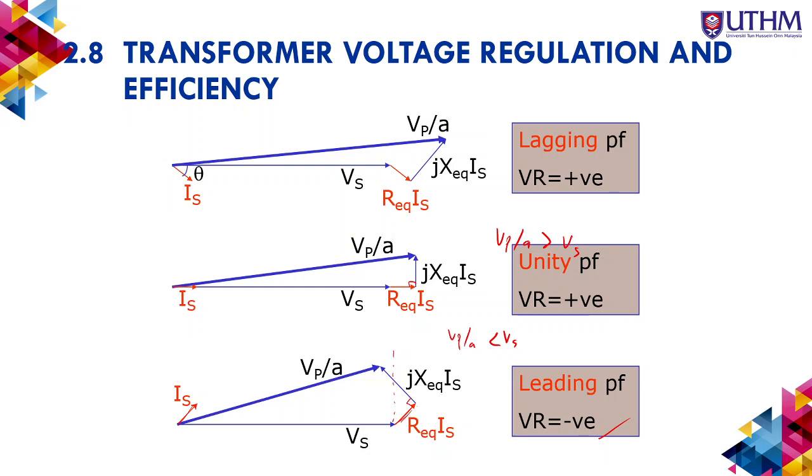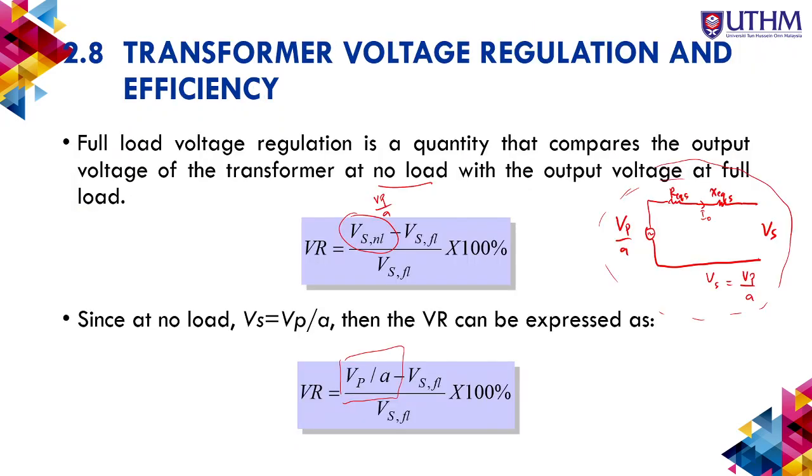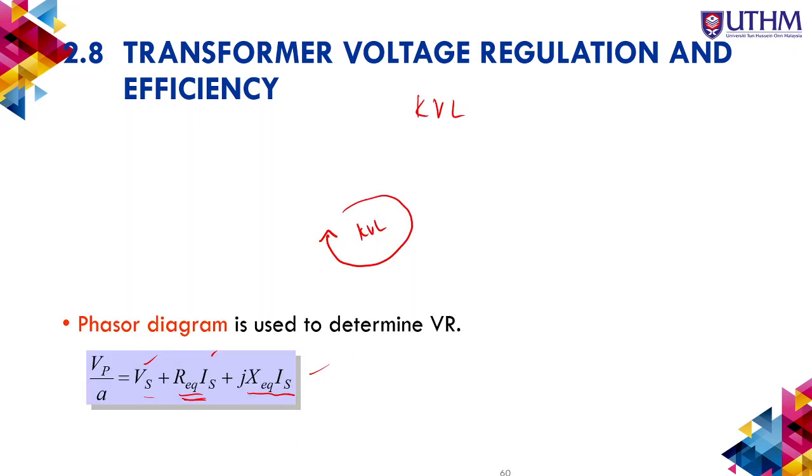So bila kita tahu dia besar kecil, kita masukkan dalam equation ni sebenarnya. Okay, because it's minus, if this one is bigger than this, it becomes positive. If this one is smaller than Vs, it becomes negative.